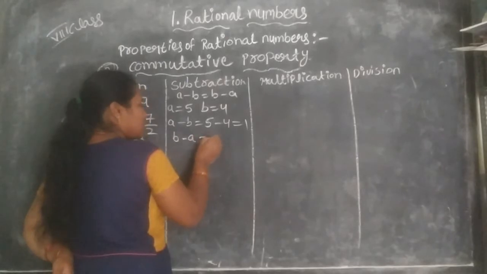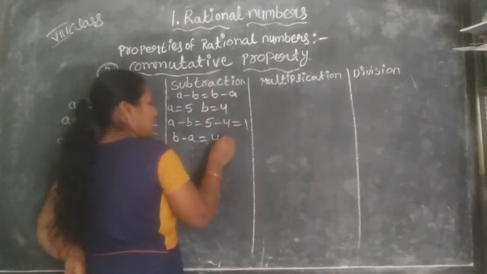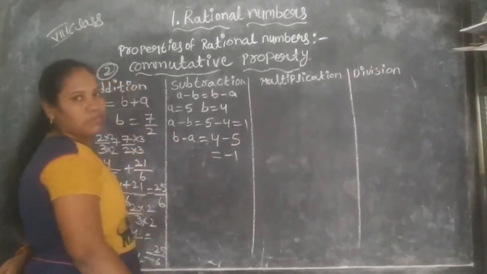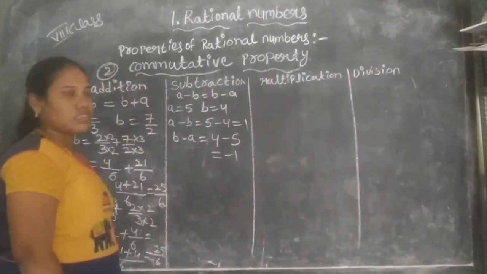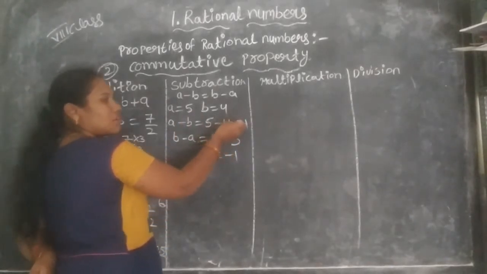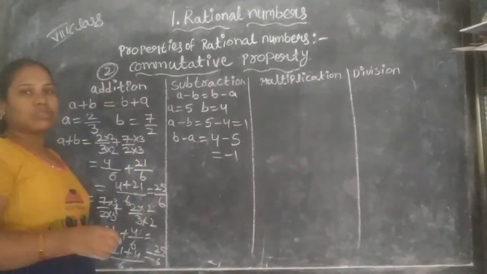Now check the other one: B minus A, which is 4 minus 5. What is the answer? Minus 1 is the answer. So compare with the RHS: here plus 1 is there, here minus 1 is there. So LHS is not equal to RHS.